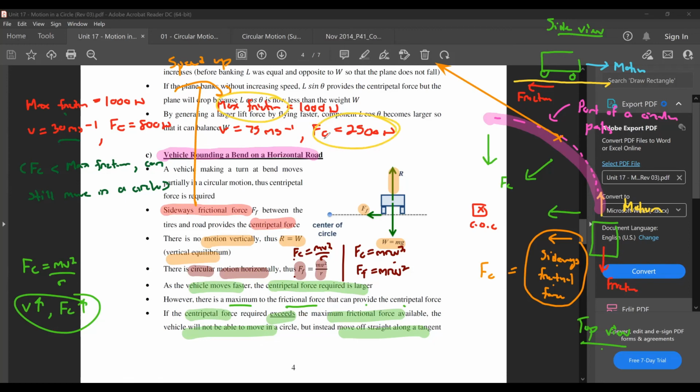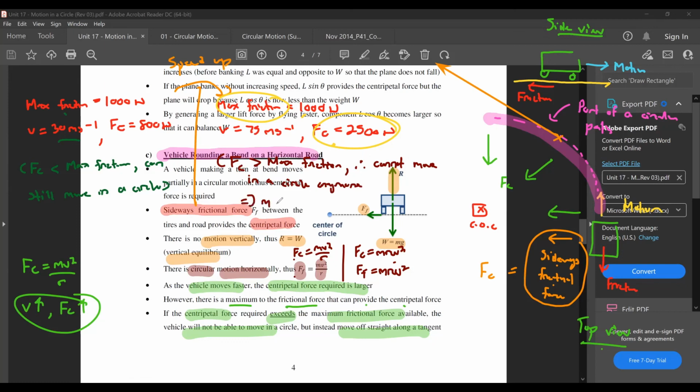But right now, the centripetal force required is just too much. Your friction can only provide 1000, but your required centripetal force is 2500. So in this case, your Fc is more than your max friction. Therefore, you cannot move in a circle anymore.